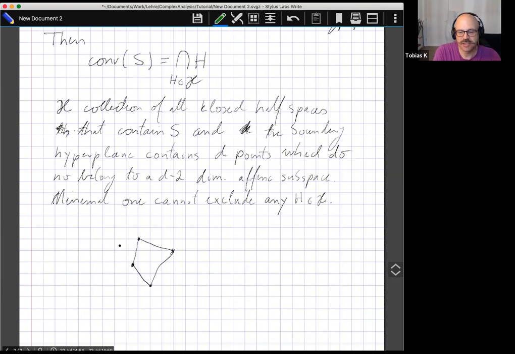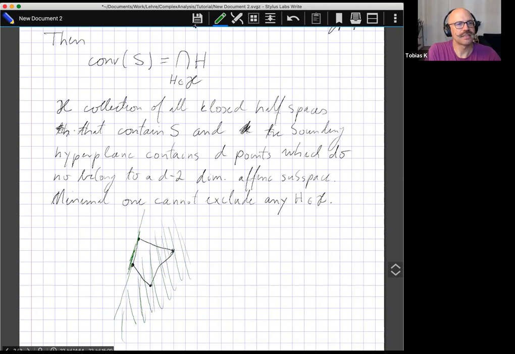Here in 2 dimensions, I should have 2 points on it for my S. I could take this line here, and then this half space would contain my convex body. And you see that using 4 of these half planes, I could perfectly identify this convex set. It has to go through 2 of these corners, where these 2 corners are not lying on a line.